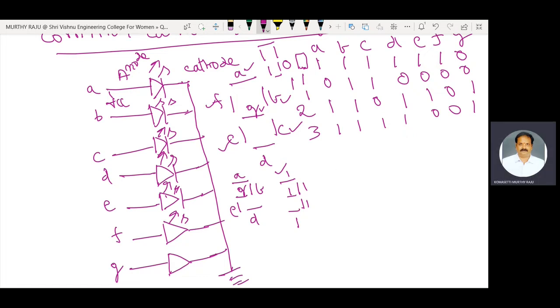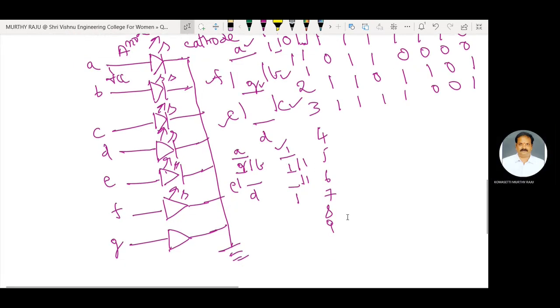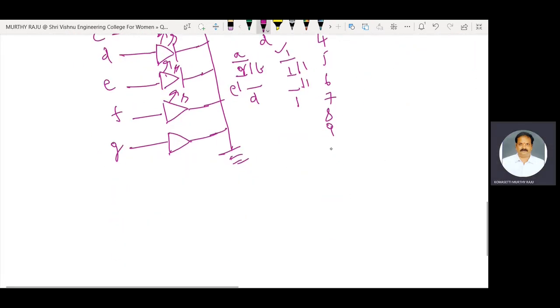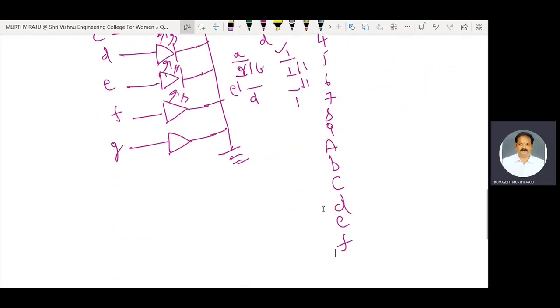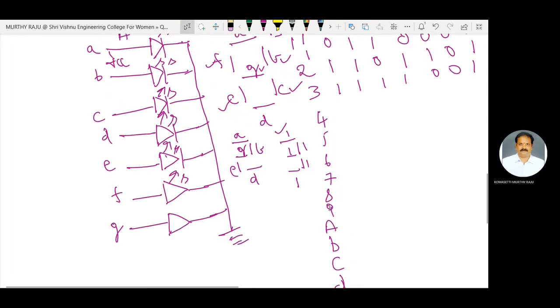In this way, up to 9, then 10 means A, 11 means B, C, D, E, and F. Based on that, I have to fill these.